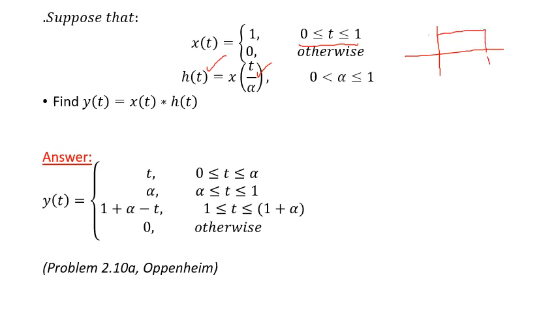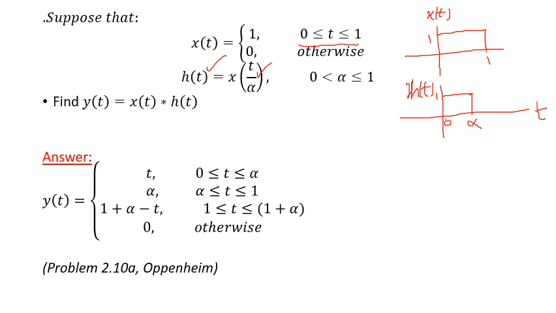So if I plot the two signals, this is for example x of t, this is 1, the amplitude is also 1, so this is x of t, and h of t is compressed by a factor of alpha, so let this be alpha, so this is t, okay, and this is h of t. This is 0 and this is 1 and this is alpha, okay.